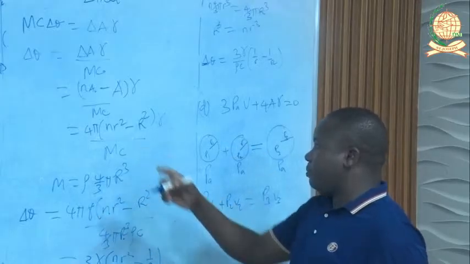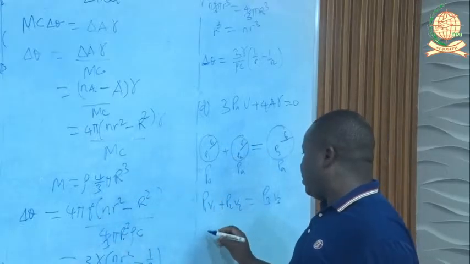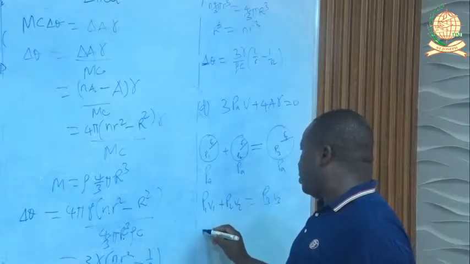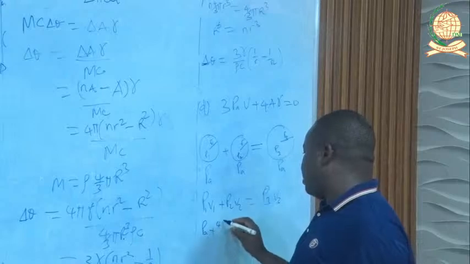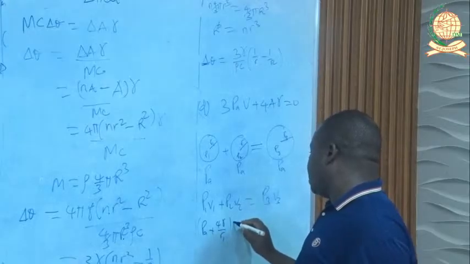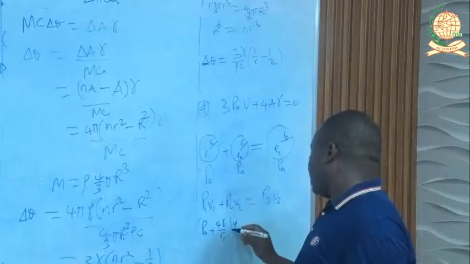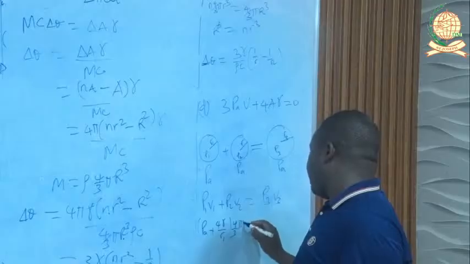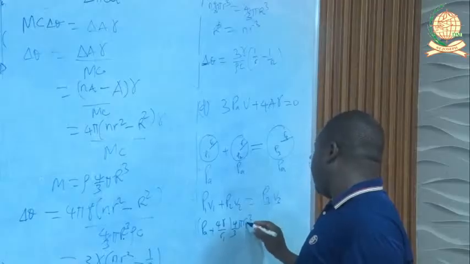So we can apply the same concept as we did before. So P1 will be equal to PA plus 4 gamma over R1, times its volume V1, which is 4 over 3 pi R1 cubed.